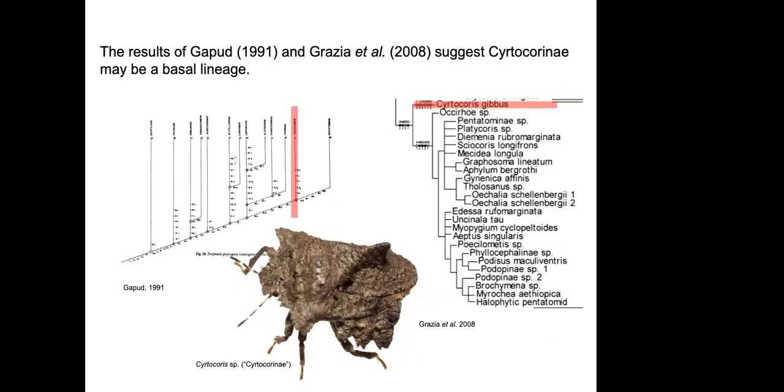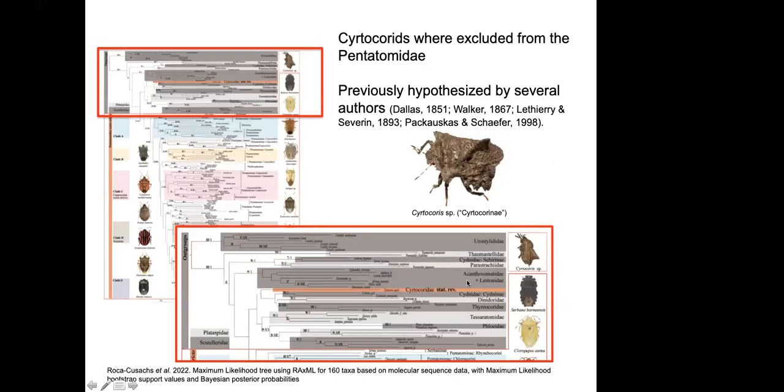However, all the previous results obtained suggested that the Tessaratomids were placed at the basal lineage, as some of these orders already mentioned. However, from the results of the phylogeny obtained, the Tessaratomids were excluded from the family Pentatomidae, which was already hypothesized by several authors.